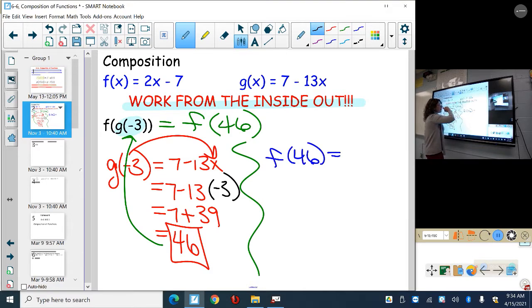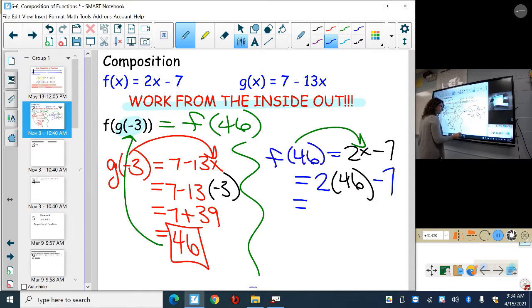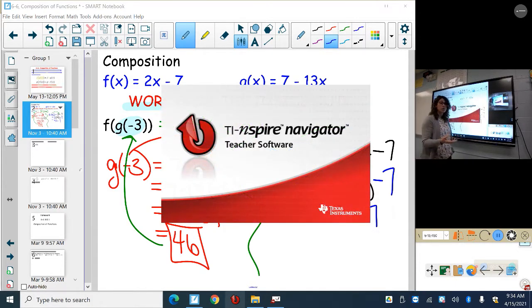Well, what is f defined to be? F is defined to be 2x minus 7. So every place I see an x, I'm going to plug in the number 46. So that's 2 times 46 minus 7. So 2 times 46 is going to be, and you can have your calculator out to do that, 92 minus 7. And I'm going to make sure that we have our calculator up so that you guys know how to do this as well.